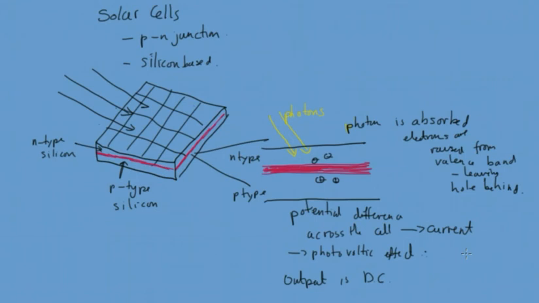They needed Einstein to come along, and he actually won a Nobel Prize for his work on the photoelectric effect. And it wasn't until 1954 that Bell Labs in America made the first modern solar cell, something that could be used.